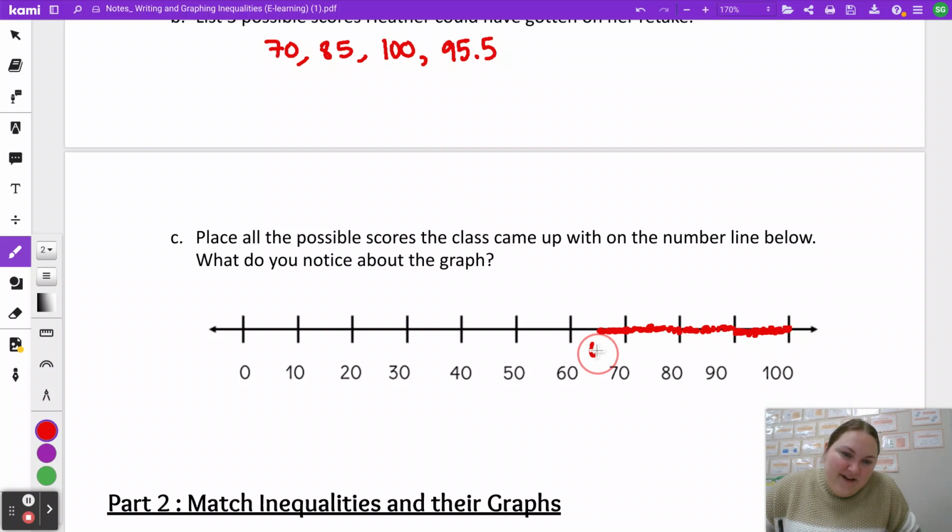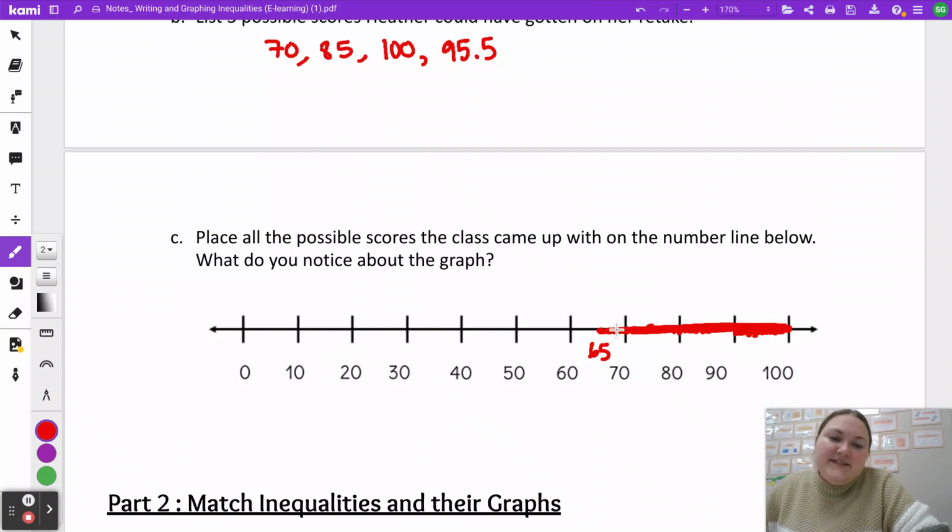So if 65 is right here on our number line, I would be shading or coloring in everything on this side of my number line. Those are all the numbers that are greater than 65. There wouldn't be any points to the left because none of those numbers are higher than 65. This would be the first part of creating this graph.